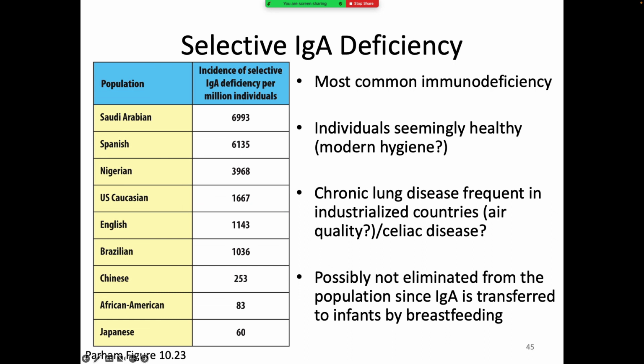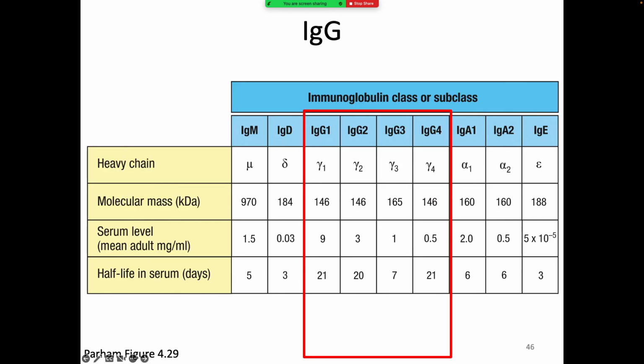So the final isotype, which I will have a chance to start telling you about, but I will clearly not get all the way through, is IgG. One of the things to notice about IgG is that we've got a lot of subtypes of it.